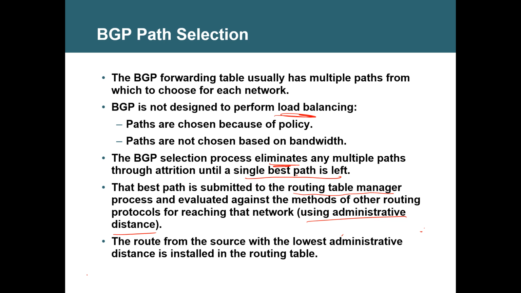Alright, so do not expect always BGP, BGP, BGP everywhere. Because you enabled BGP, it's not going to be there everywhere. Again, there are rules. Administrative distance: if some other protocol also advertises the same network that IBGP advertises, then you won't see the BGP route in the routing table.